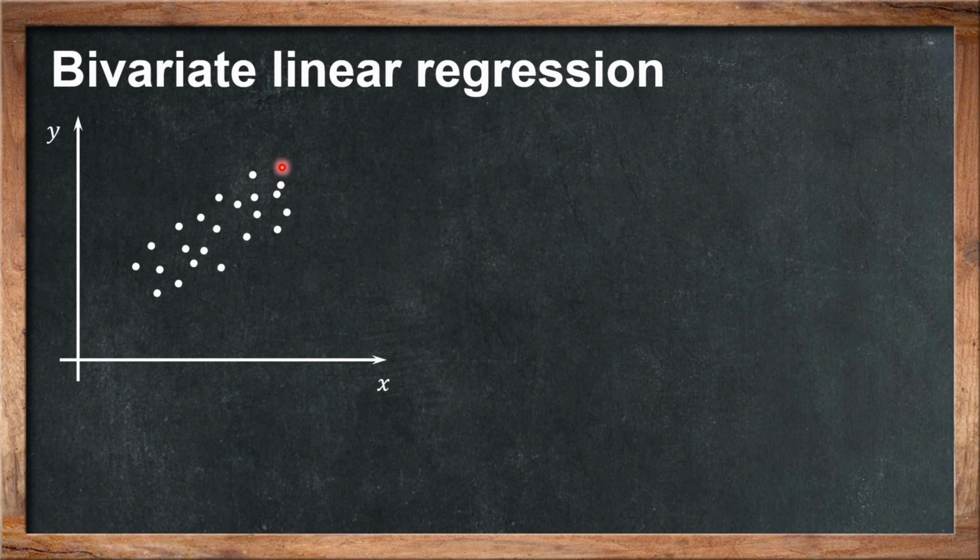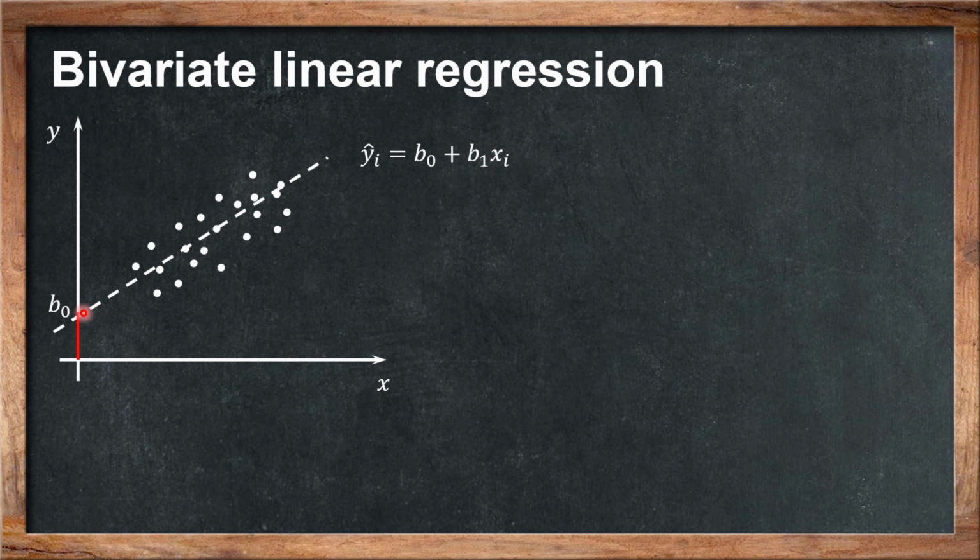We would like to construct a functional equation that would approximate the data and help us predict y given some known value of x. Basically, we are looking for the linear function with some parameters that would look like this. For example, y hat sub i is equal to b0 plus b1 x sub i, where b0 and b1 are the parameters of this function.